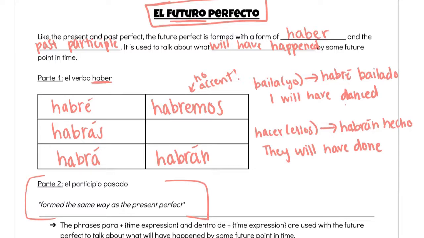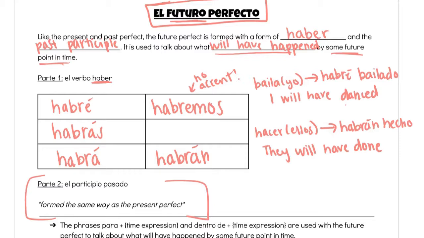Now, it's important to note that the future perfect is used to talk about what will have happened by some future point in time. So if we look at these little phrases that we have written, I will have danced, they will have done, I need some more context in here. Otherwise, it doesn't really make sense in a standalone sentence.